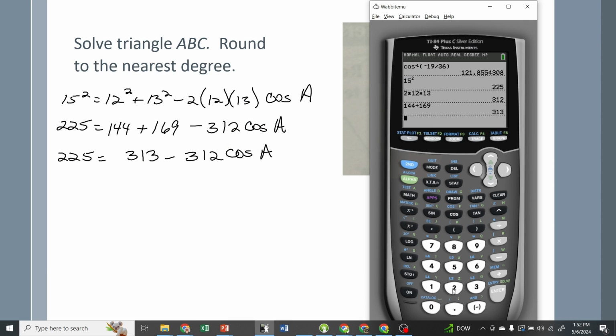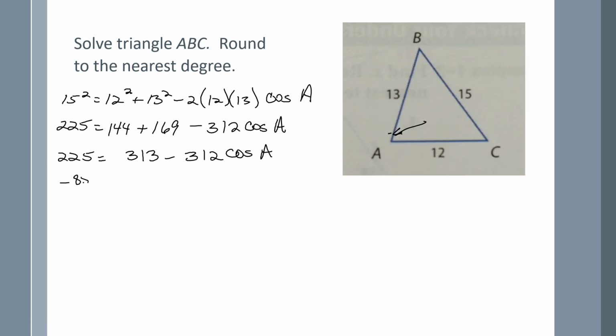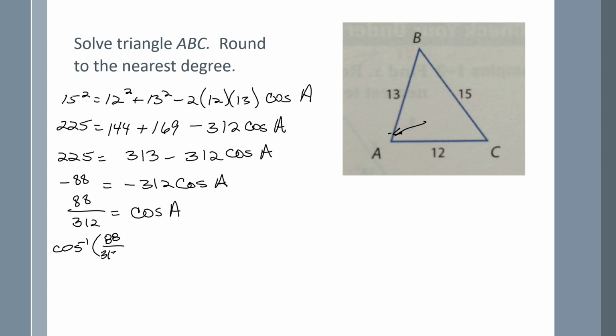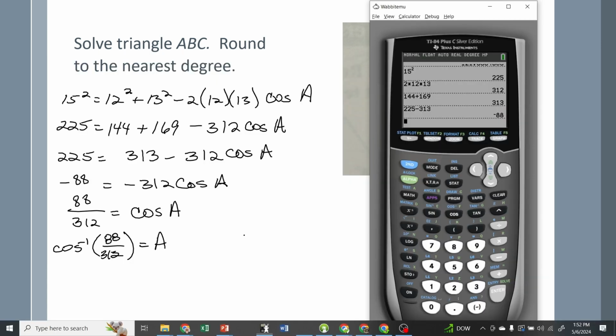So 225 minus 313, I got negative 88. So this is negative 88 is equal to negative 312 times the cosine of A. I'm going to divide each side by negative 312, and I get 88 over 312 is equal to the cosine of A. So now we take the inverse cosine of 88 over 312 is equal to A. So plug that in.